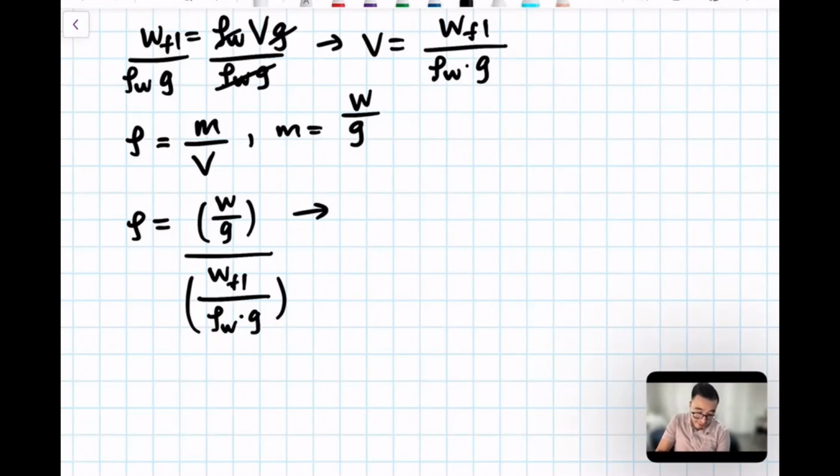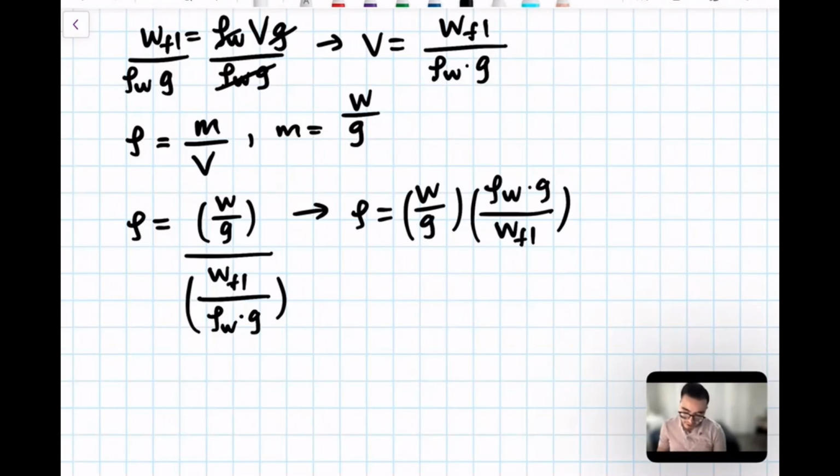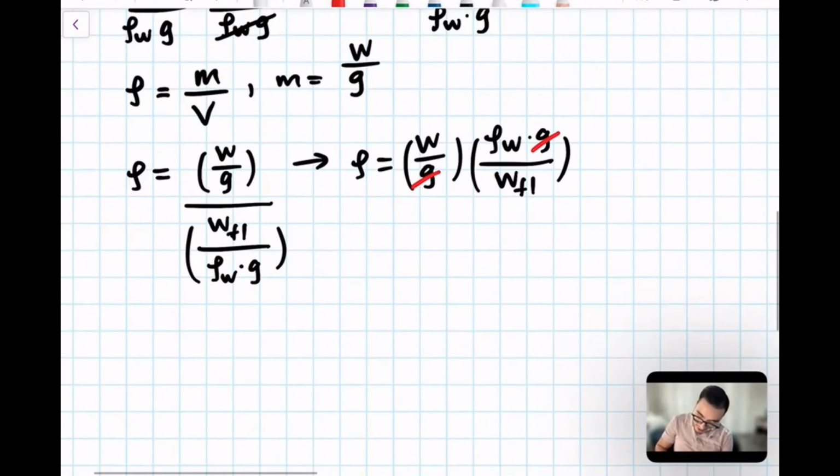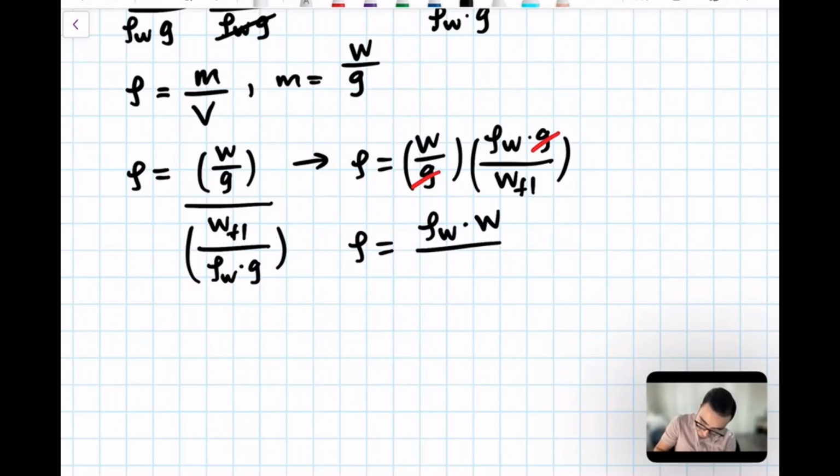I'm going to take its reciprocal. So density is going to be, and I'm hoping you can see that the acceleration of gravity is going to cancel. And the formula simplifies rather nicely. So we'll get that the density is equal to, well, let's have the density first: the density of water times the weight of the object divided by the weight of the displaced fluid.